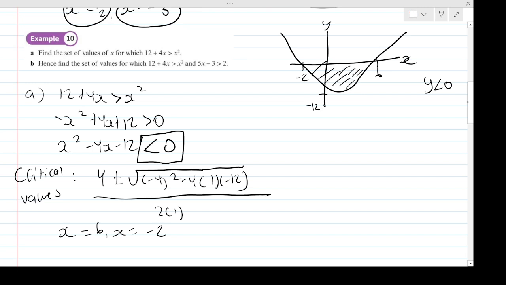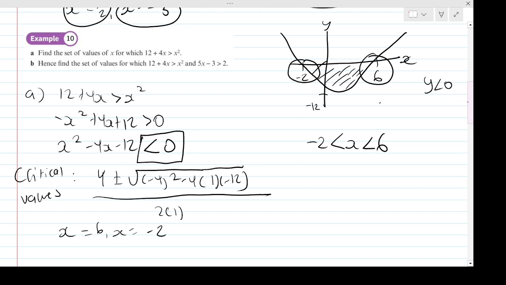Now hopefully you spot this region this time is actually sandwiched between the two intercepts, the two roots, or technically critical values. So -2 and 6, so it's between them. So the x values are between -2 and 6. And there we are.